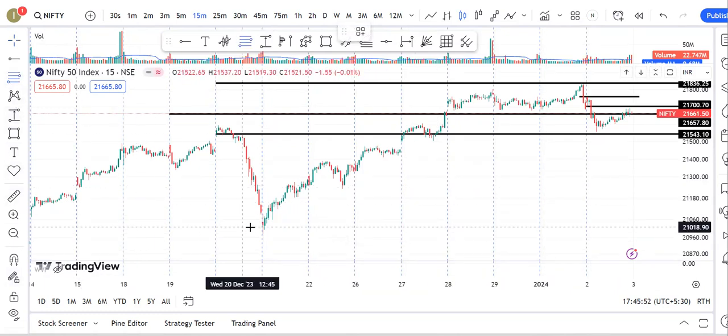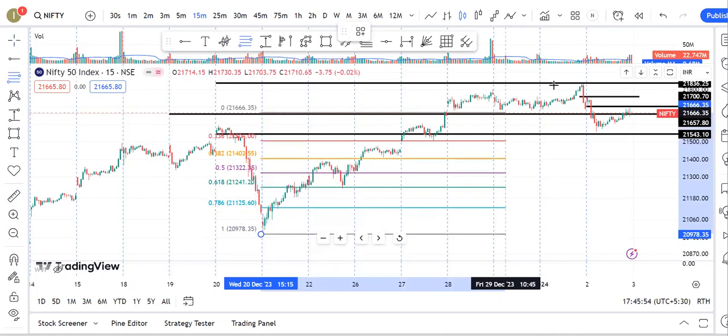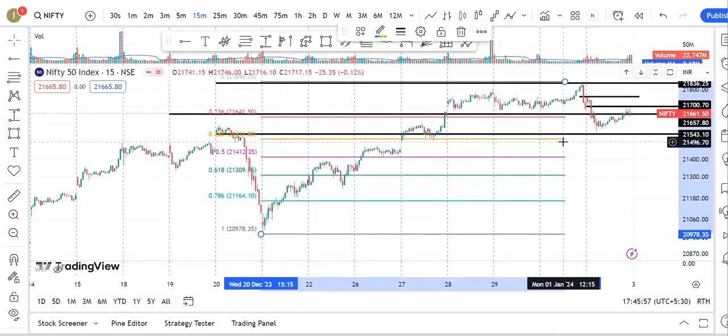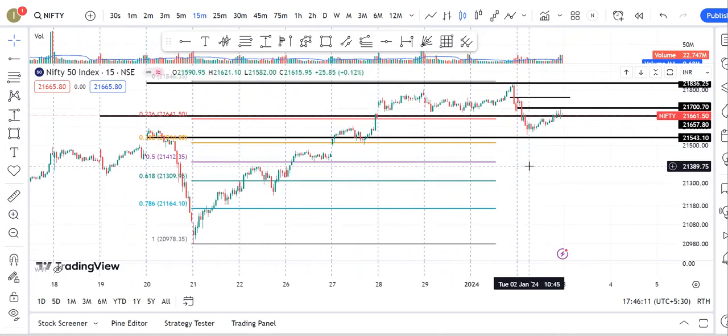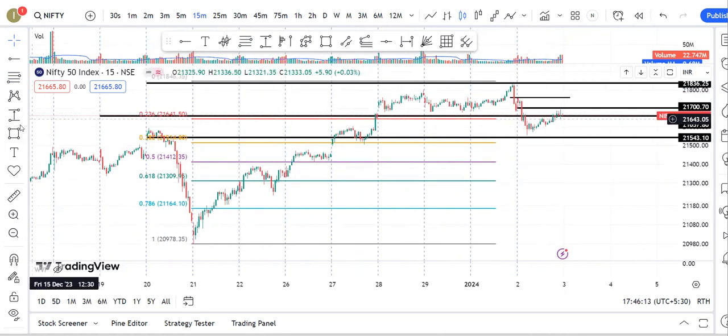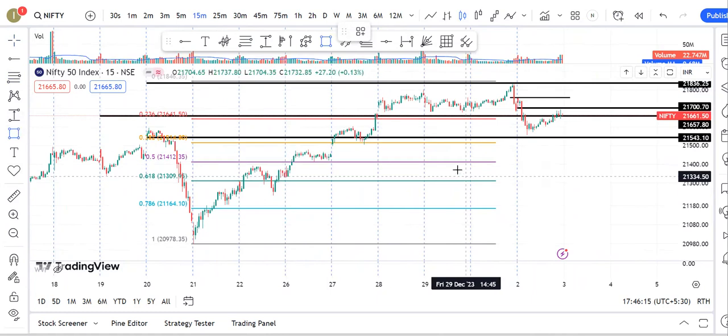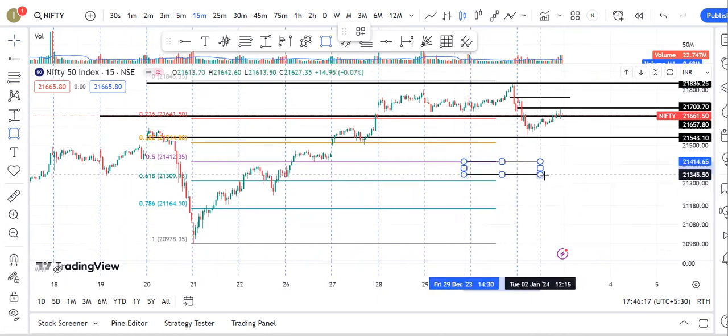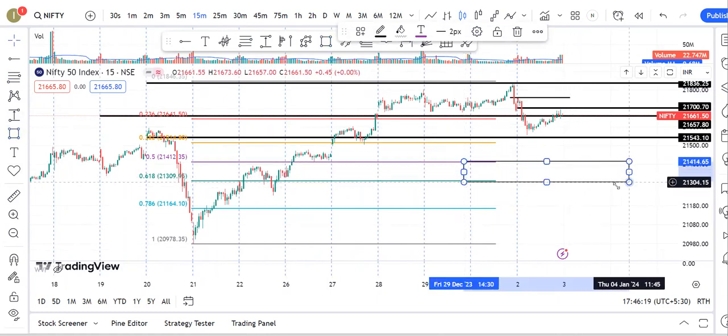See, even if I take the Fib tool from here to here, this is not even a 0.38 retracement. So the 0.5 retracement comes to 21,407 and 0.618 comes to 21,003. So this will be a very good discount level in between these two levels.